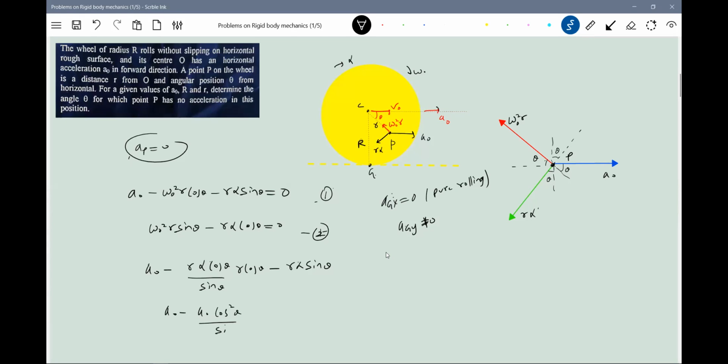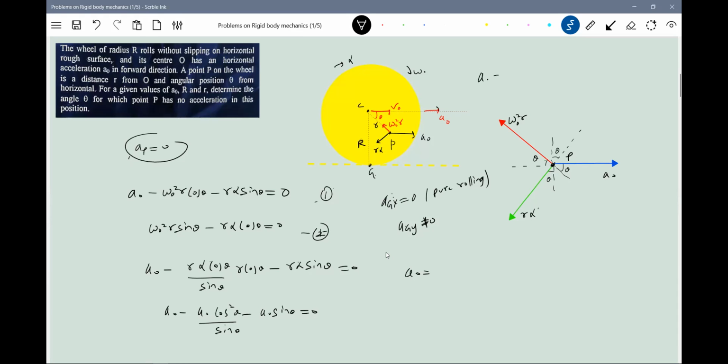cos square theta sin theta, all set equal to 0. One capital R is missing. Okay, got it.